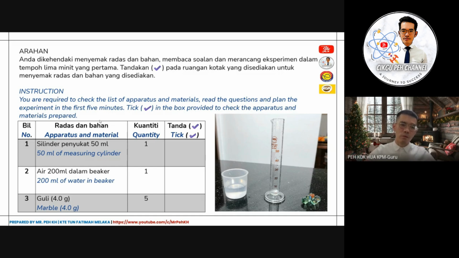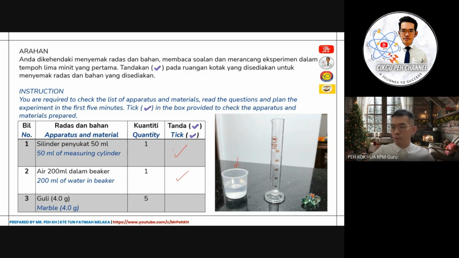Okay, let's say, for example, in this question the students will be given a 50 ml measuring cylinder, 20 ml of water in a beaker, and another item, a number of bubbles.